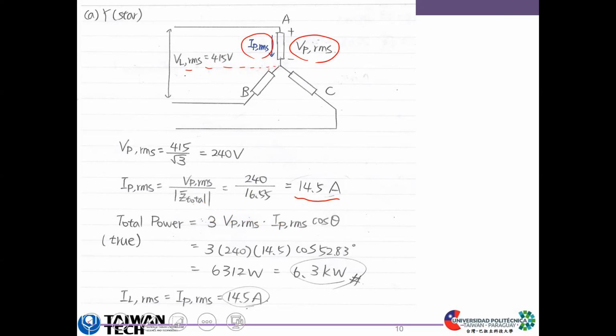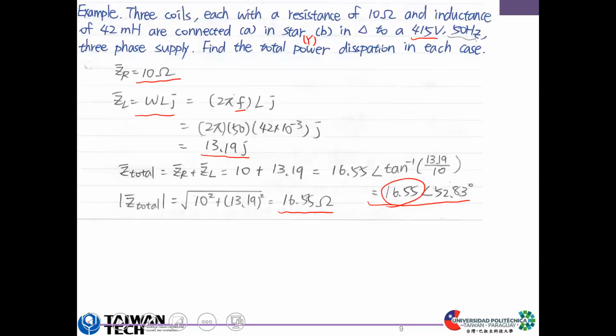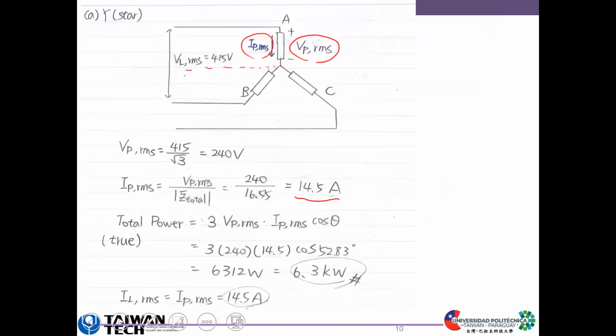Let's look at the previous slides. The phase angle of the load is 52.83 degrees. If you have doubts, you can go back to the notes from last week to see the proof.